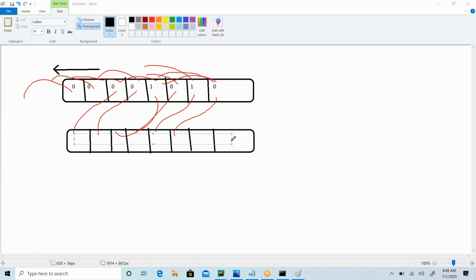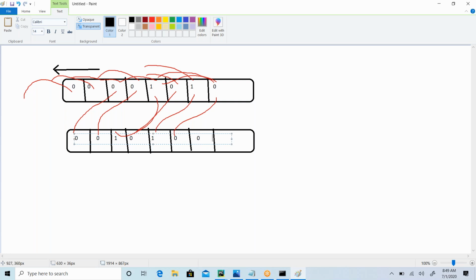Now, what about these two cells? These are going to become empty. So here what I'm getting is 0, this 0, here I'm going to get 1, here I'm going to get 0, and then 1, here I'm going to get 0. Now these two cells are empty. Always the remaining blank cells are going to fill up with zeros.